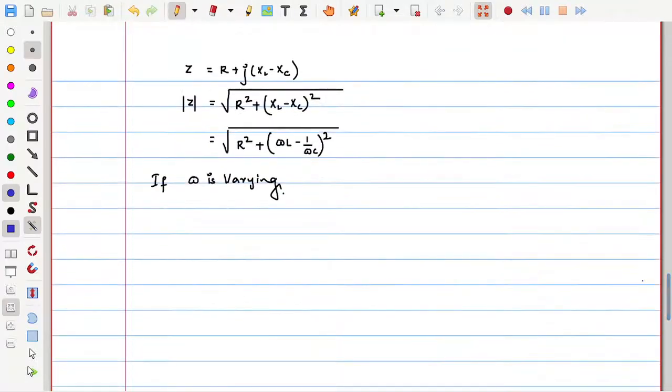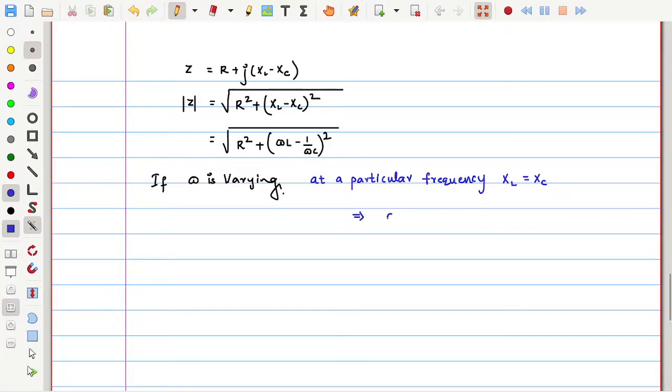So at that particular frequency, XL is equal to XC.